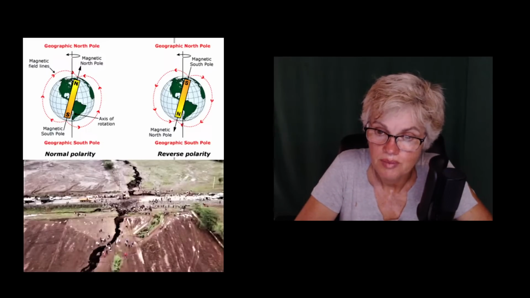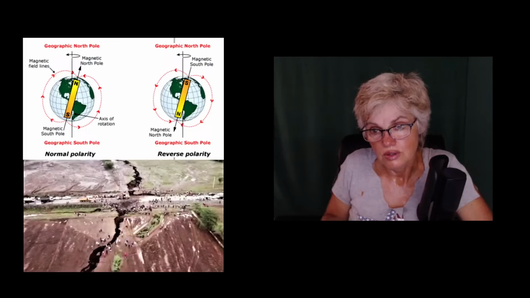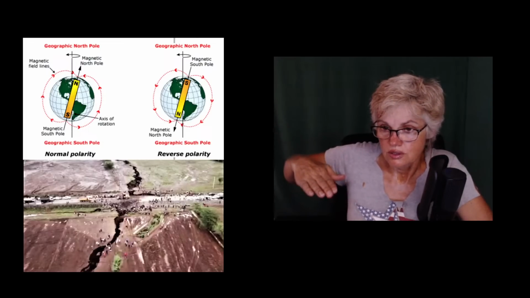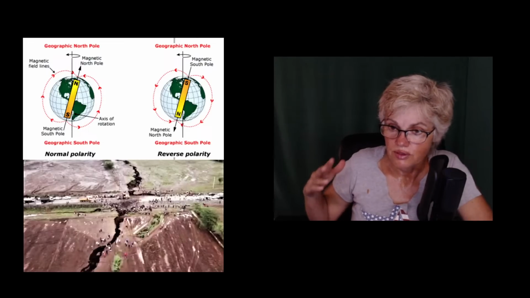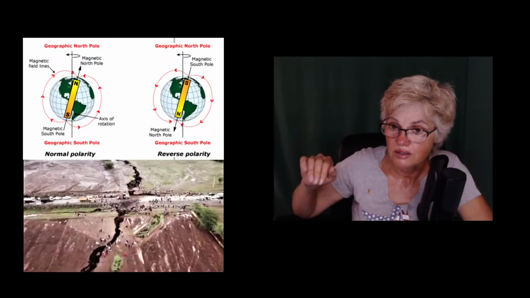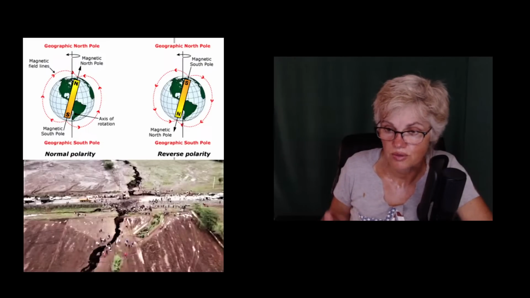There's something happening inside the earth that's causing the sea floor to spread apart. And some of this sediment has the north and the south pointing in one direction, and the sediment beneath it, the north and the south, is pointing in the opposite direction.